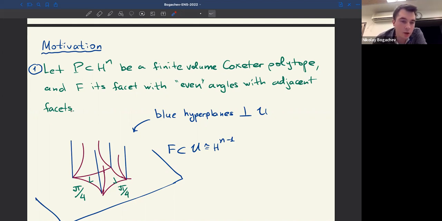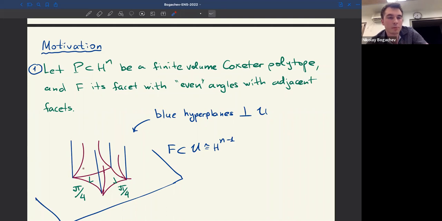What are these even angles? These are angles like pi over 4, pi over 6, so pi over some even number. These angles don't need to be equal to each other. They can be different, but still they should be even, like some of them can be pi over 2 and pi over 4. In this case, we have this blue hyperplane.